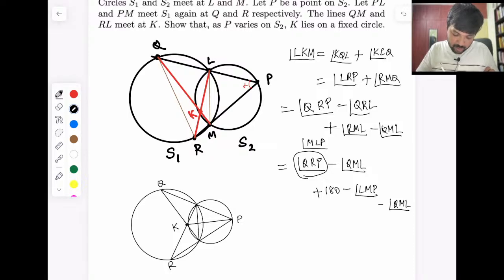If the common chord was D, then this is like D by 2. And this is alpha. I think you should be able to tell what this angle is. Then we are done. I think in terms of the radius or something, we should be able to tell. It's not maybe a simple expression. That's what I'm thinking now.